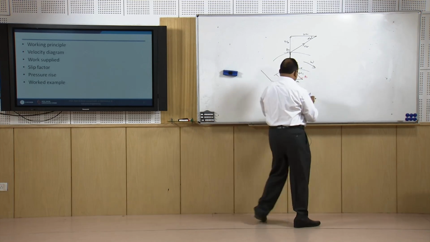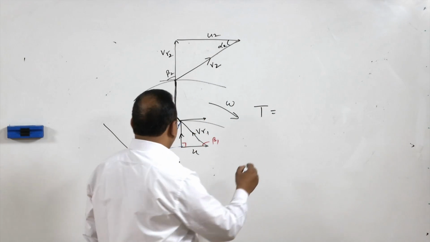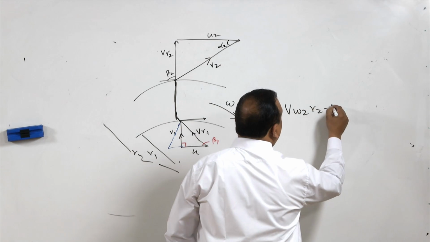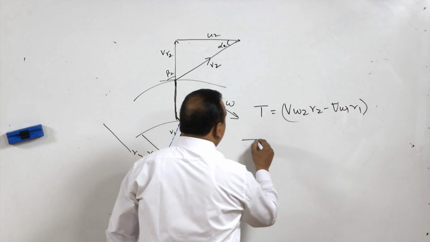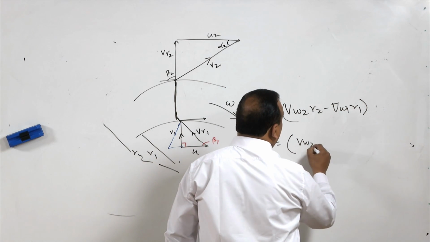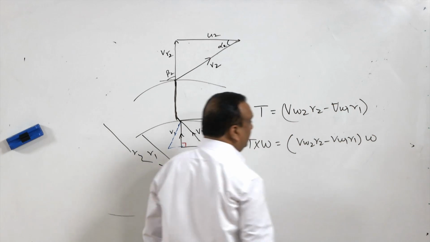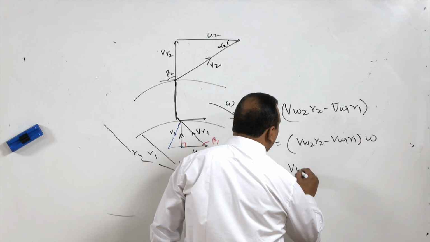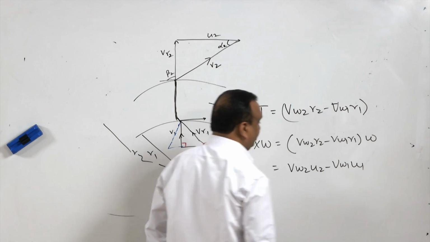Then torque is VW2 R2 minus VW1 R1, and when we multiply torque with omega, that is VW2 R2 minus VW1 R1 multiplied by omega, that will give the output, and this is VW2 U2 minus VW1 U1.